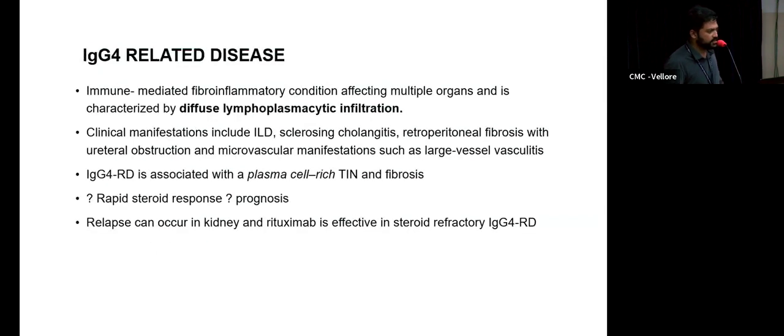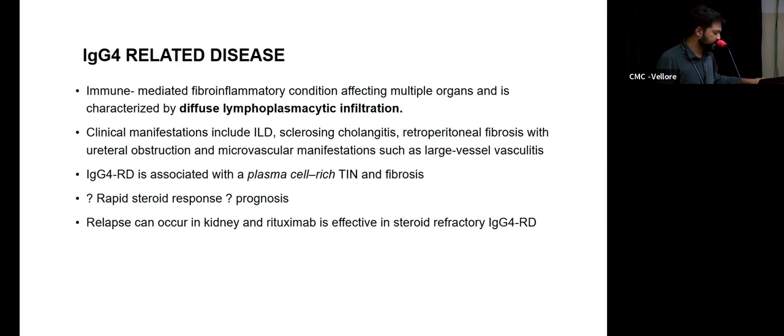IgG4 related disease is something that's coming up in a big manner. It is an immune-mediated fibro-inflammatory condition affecting multiple organs, characterized by diffuse lymphoplasmacytic infiltration. Clinical manifestations can include ILD, sclerosing cholangitis, RPF with ureteral obstruction, something called the maiden waist deformity, and vascular manifestations such as large vessel vasculitis.